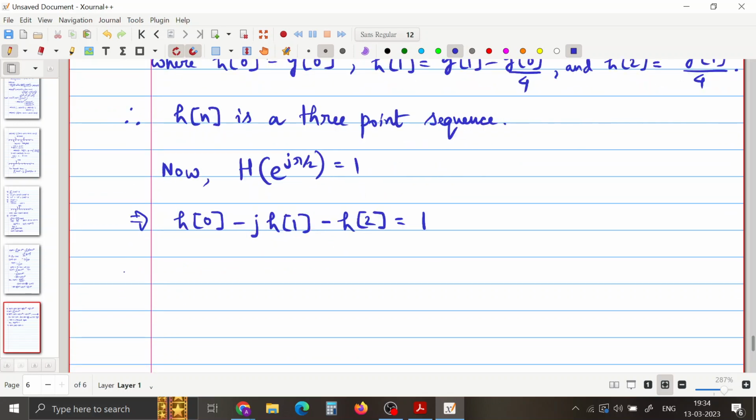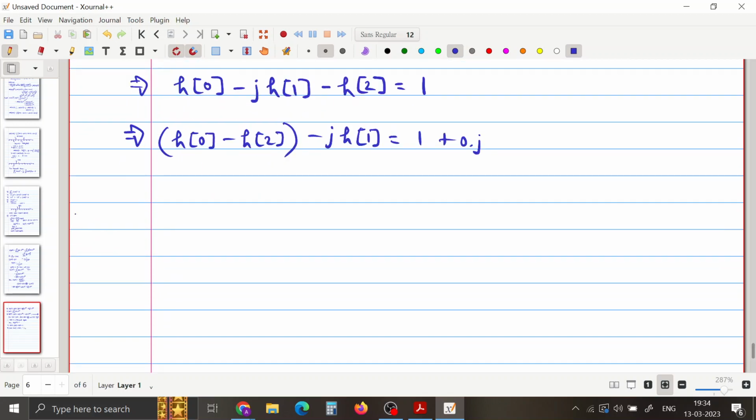Okay. So now what do we do? We can equate the real part and imaginary part. Exactly. I'm just writing in that form, and for 1, you know that it's simply this.